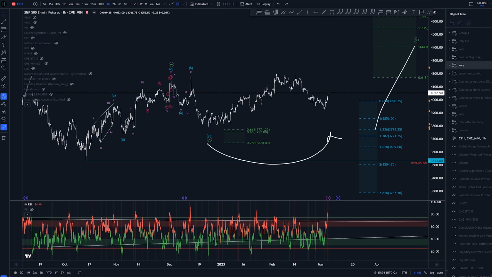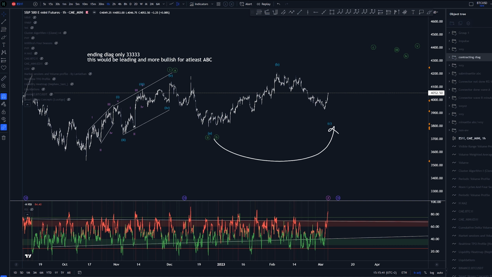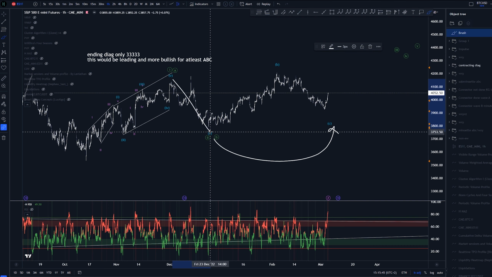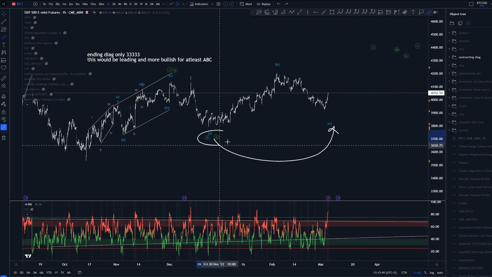The other one that I've been going with is the other possibility, but not the one I like: there's some kind of diagonal here at the start, and then having this as the wave 2 or wave B, and again the possibility of shifting these over here is still relevant.